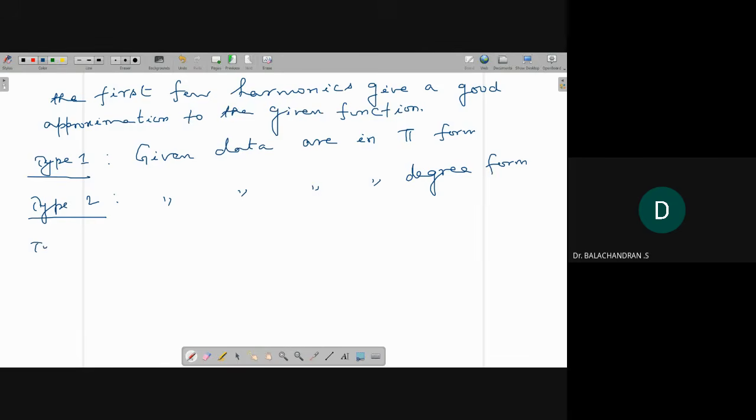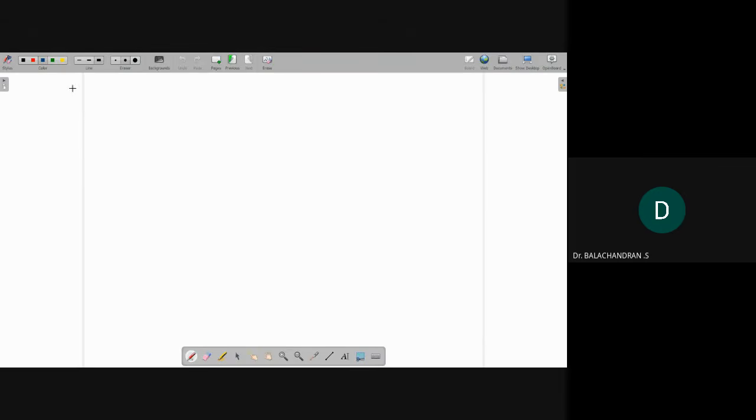Type 3: given data are in D form. And type 4: given data are in L form. So now first I'm going to start from type 2.